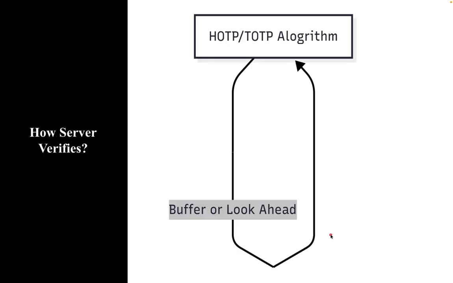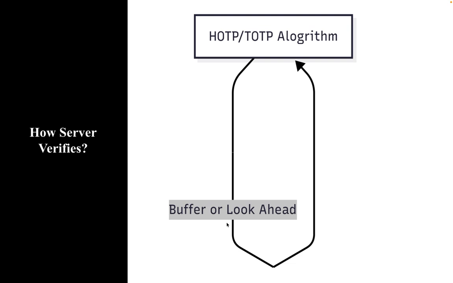So how does the server validate this? This algorithm works the same for the server and for the authentication app. But one thing is that in the server you have a buffer or look ahead. What it means? Suppose you put your OTP just before, this is for TOTP, just before it expires, then technically think what will happen.